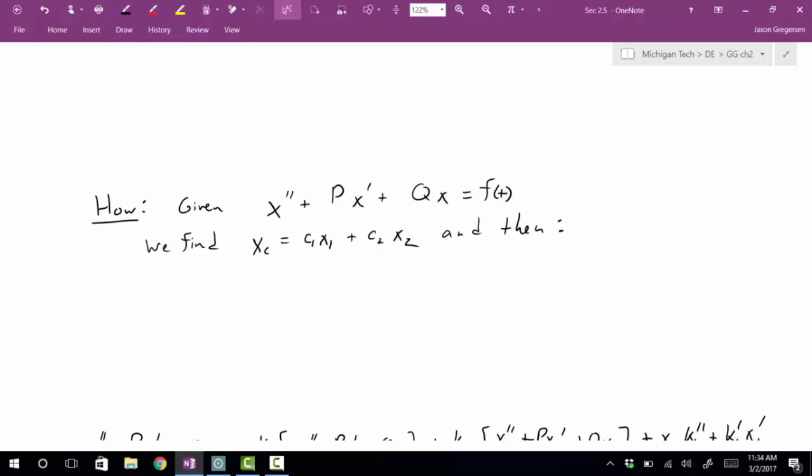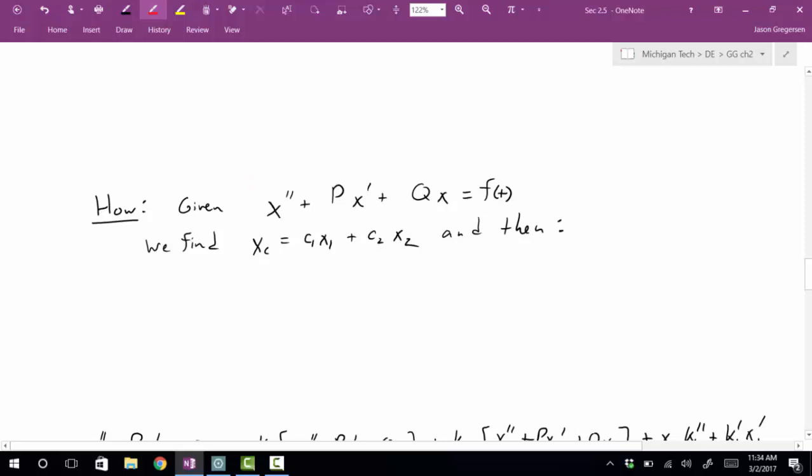What's the coefficient of the leading derivative? 1. Okay. Does that mean we can only use this in the case where the leading coefficient is 1? Pretty much. But you can take any differential equation, just divide through by that first part, and make it 1, right? So if you get something with a 3t here, divide through by 3t. Put it in this form. Okay.